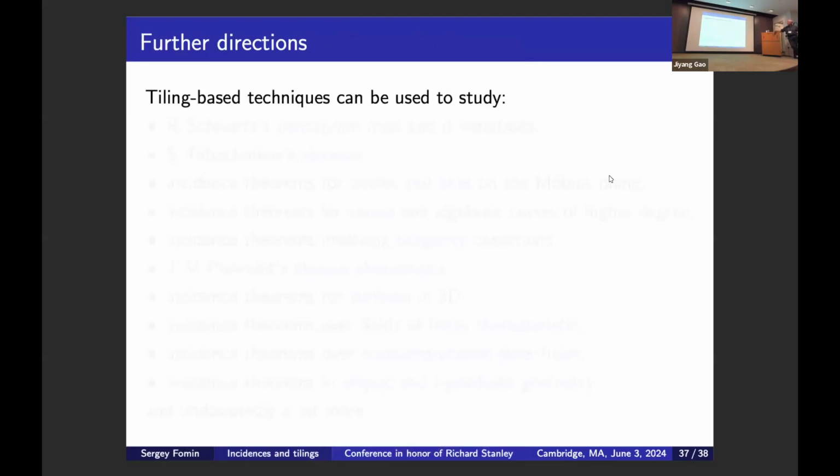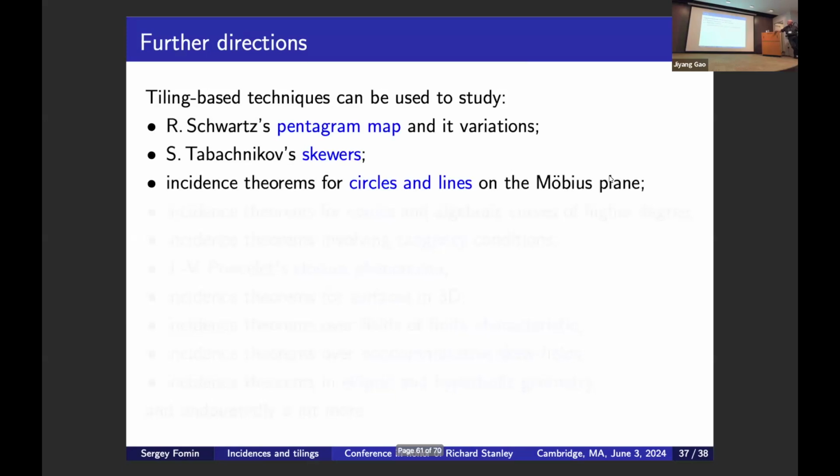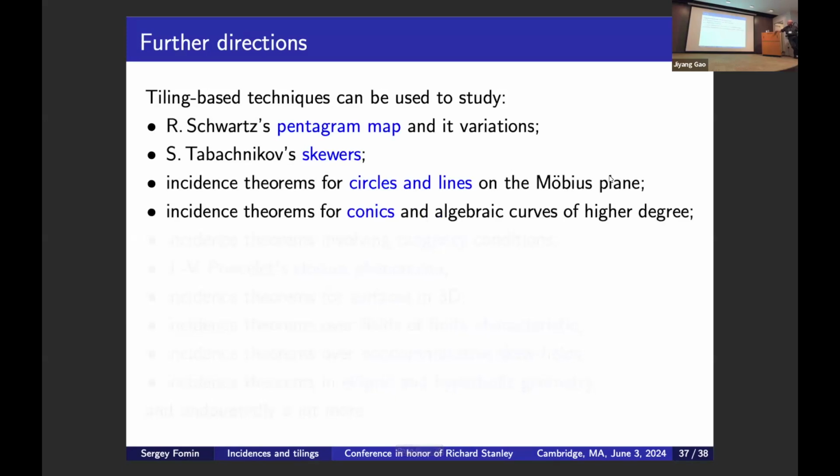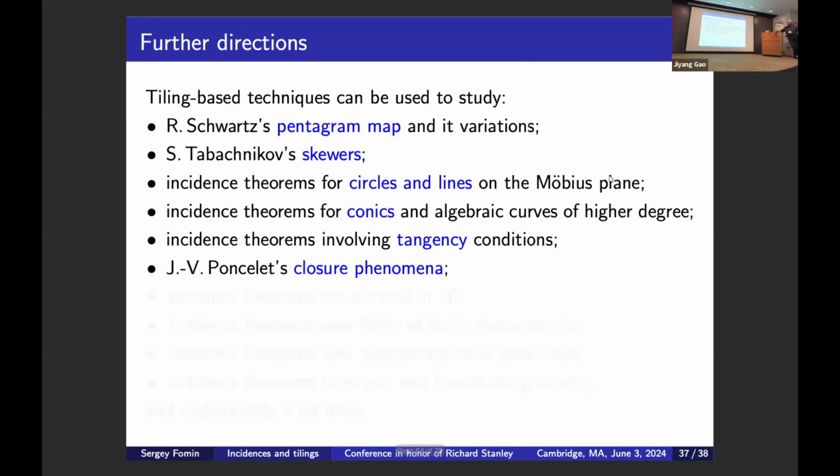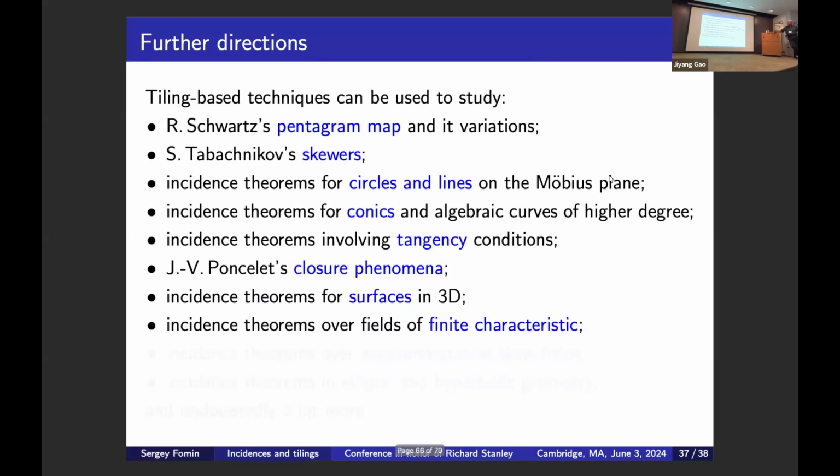These techniques can also be used to study the Pappus map, its variations, skewers of Tabachnikov, theorems for circles and lines in the Möbius plane, theorems for conics and algebraic curves of higher degree. This is what we are busy with right now as I speak. Theorems involving tangency conditions, Poncelet's phenomena, theorems for surfaces.